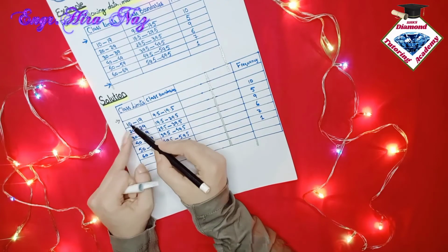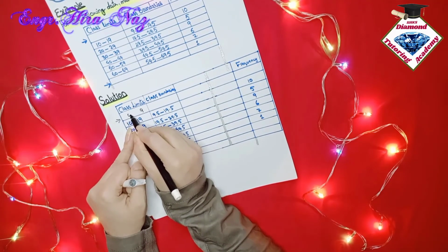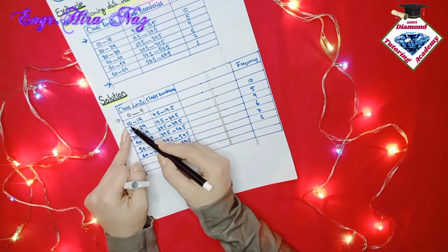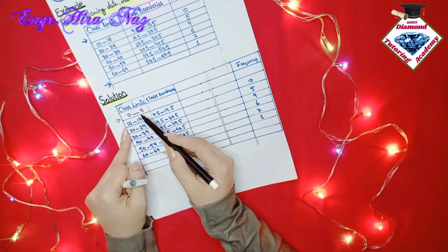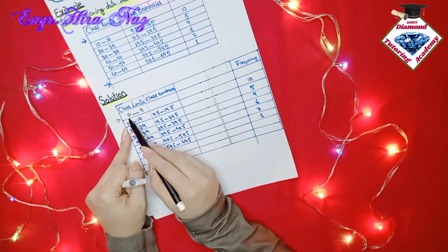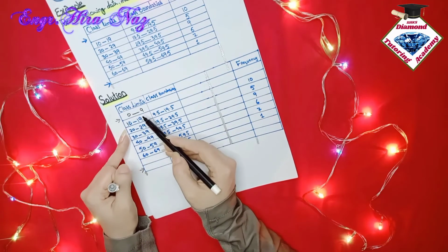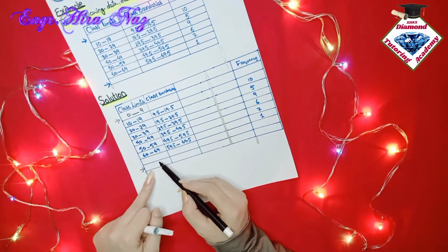Understand? So here, before 10 is 9, and we know the class interval size is 10, so we can create the class from 0 to 9 before the first class. Understand? For the second additional class, what do we have to do?